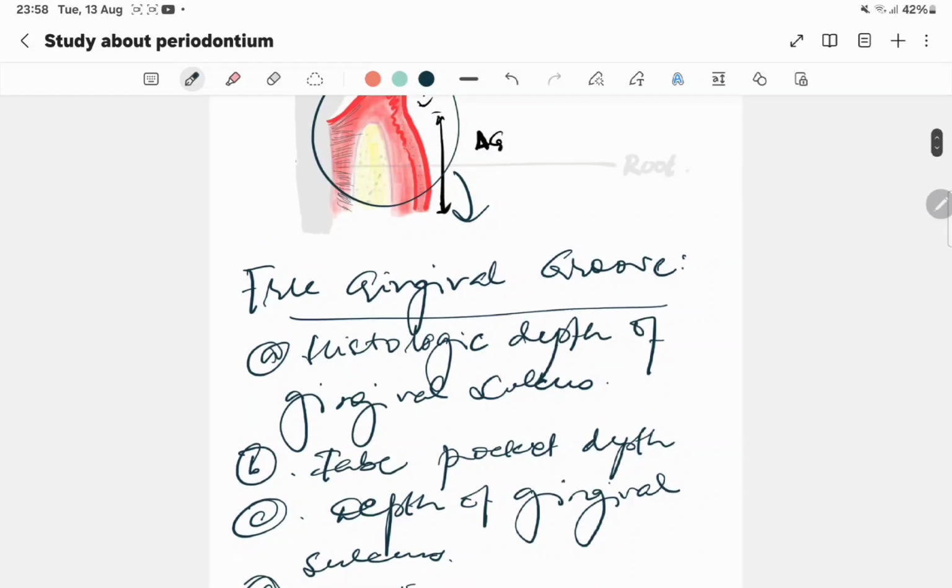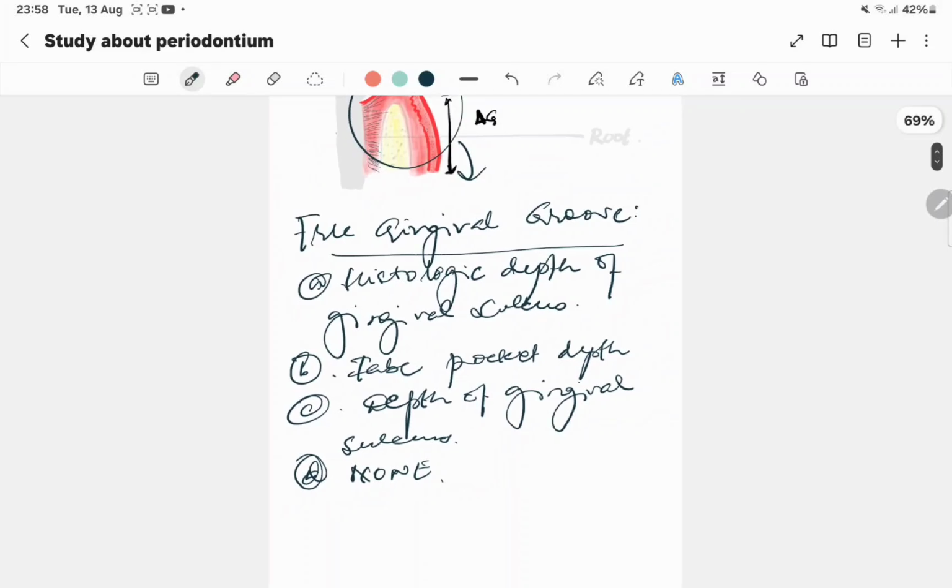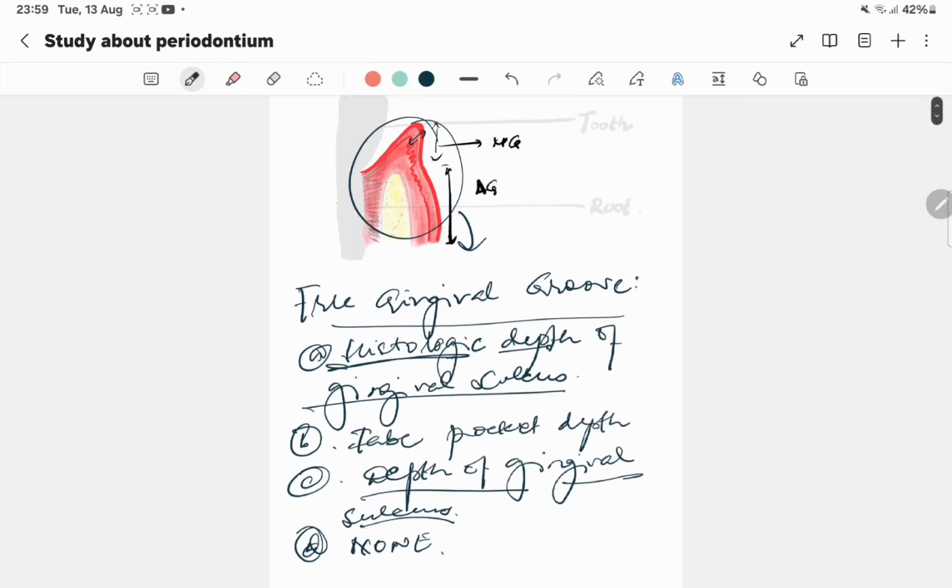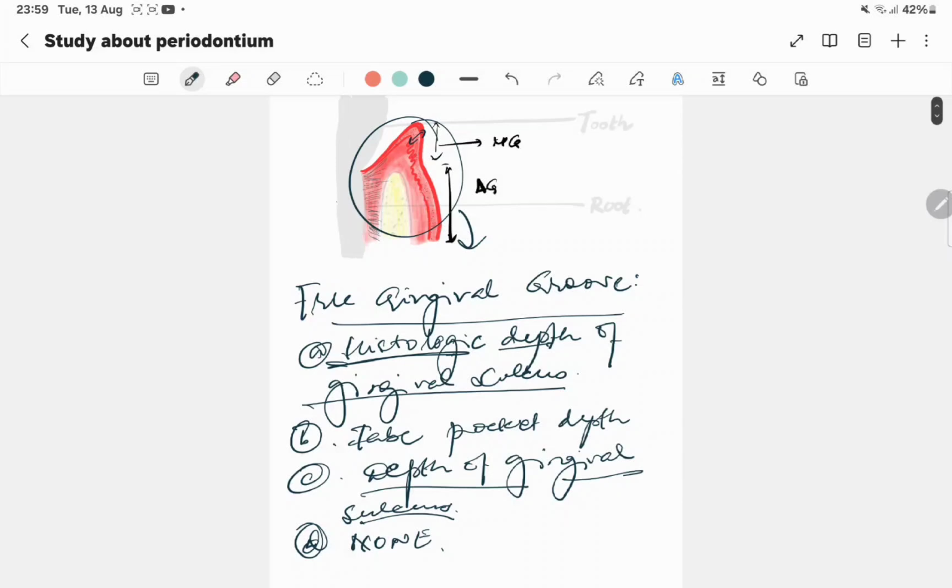So in this case, this can be quite confusing, because they have mentioned histologic depth of the gingival sulcus, and over here they have written the depth of gingival sulcus. And so basically, free gingival groove, it represents the histologic depth.